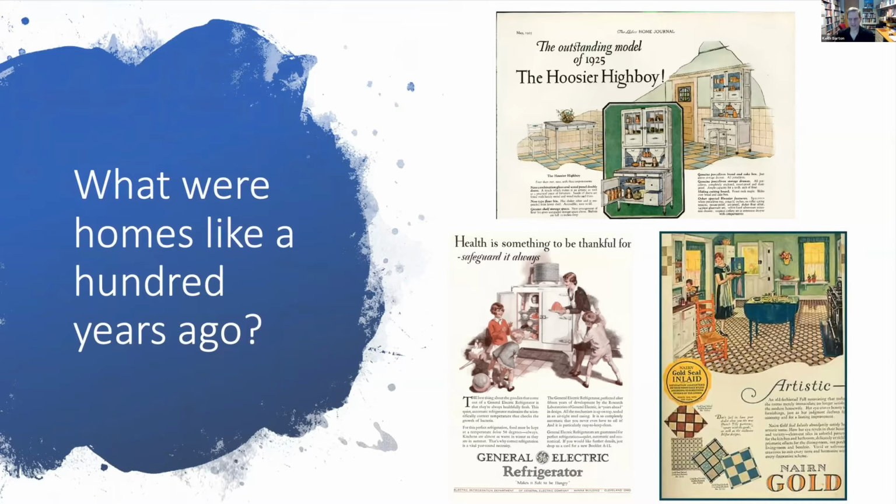One of the things that's interesting about advertisements is they're usually making a pitch to try to meet people's needs or what people see as their needs. Just like one example here, you see health is something to be thankful for, safeguarded always. Tells you something about the need to keep food from spoiling 100 years ago and how important that was. So again, by looking at different sources like these, students can draw conclusions from evidence.